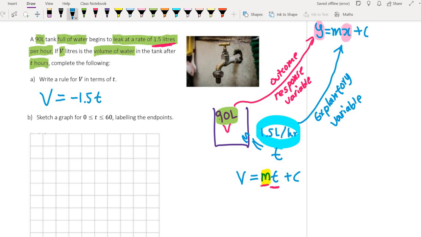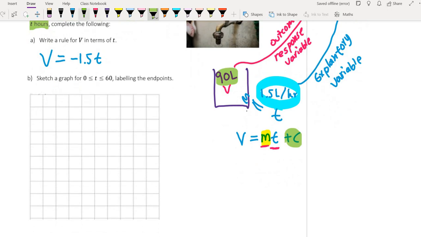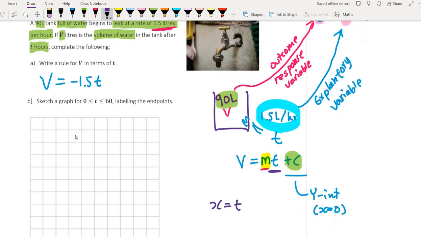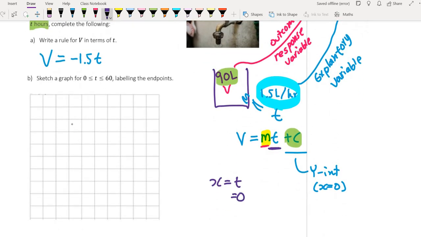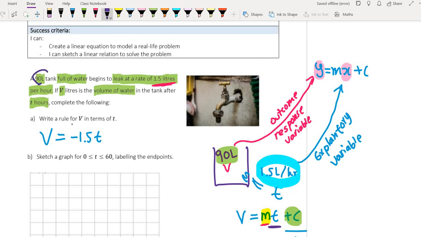And then our C is the y-intercept. We already know that the y-intercept is when x equals 0. Now, in our case, x is t. So think about when t is 0, when time is equal to 0, how much water do we have?